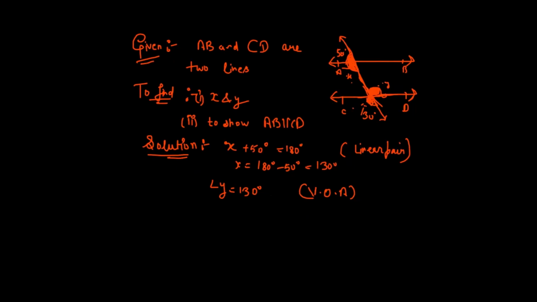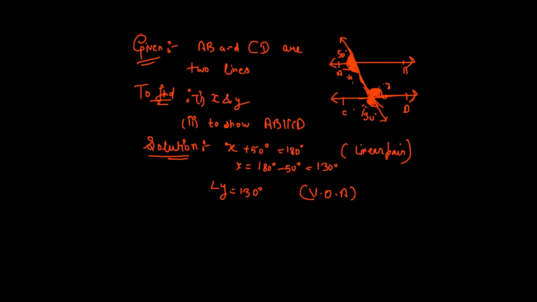Now just look at it. This x is 130 degree and y is also 130 degree. It means alternate interior angles are equal. अब ये भी लिख सकते हो that one pair of alternate interior angles are equal, therefore the lines AB and CD are parallel. Also you can write that this x is 130, this is also 130. These two angles are corresponding angles.